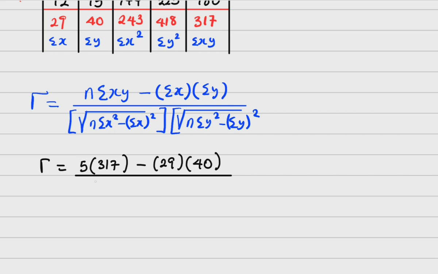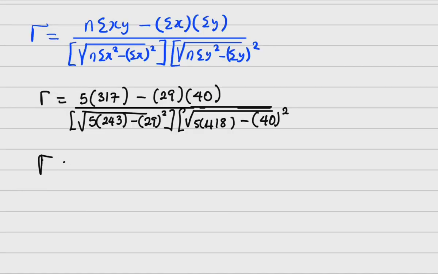I'm going to have square root of n is 5, summation x squared is going to be 243, then minus summation x all squared is going to be 29 all squared. Remember, okay? Then continue. So r will now be equal to 1585 minus 1160.